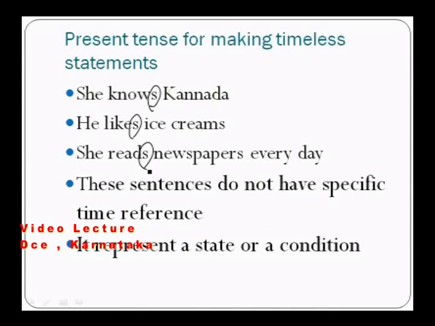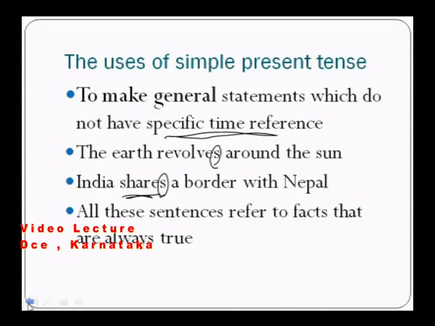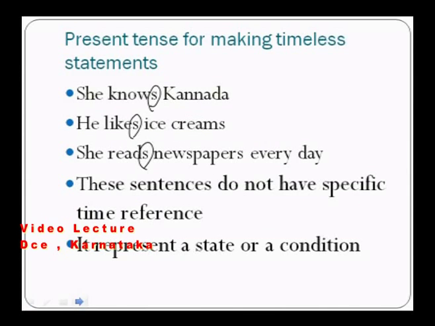So two examples, one for making what? One for making general statements which do not have a specific time reference. The second one is talking about sentences which do not have a specific time reference, but our knowledge of the world, prapanchada gnana, tells us that they cover a much shorter time span.